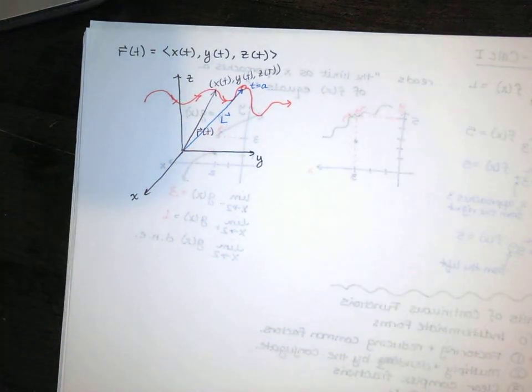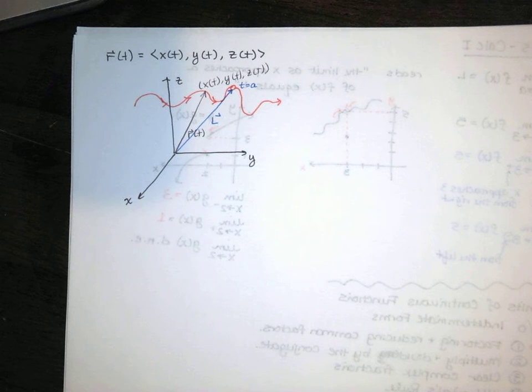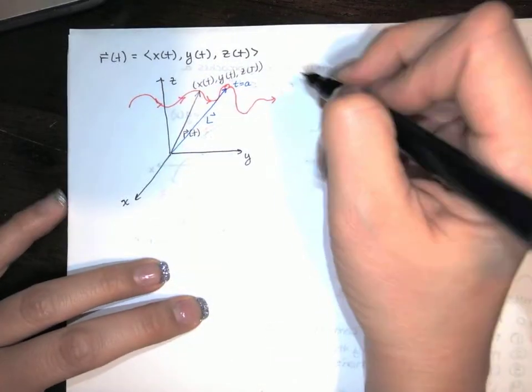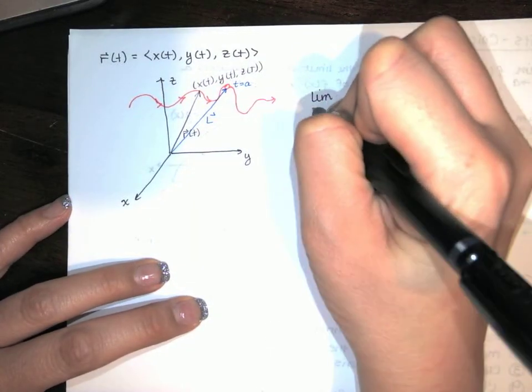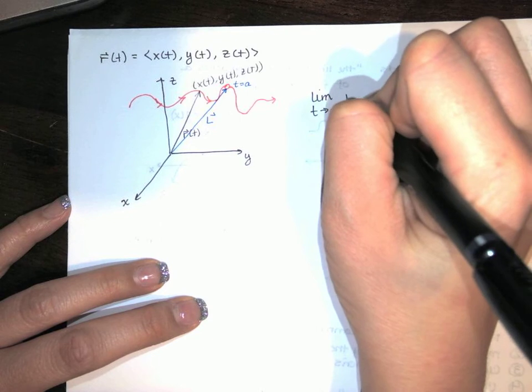You might say, oh, Miss Townsend, that sounds complicated, and you're right, if I were to draw all the vectors on there, it'd probably make it much worse. But that's the concept. The algebra, the calculus, the calculation part is actually extremely simple. So let's say I want to take the limit as t approaches a of r of t.